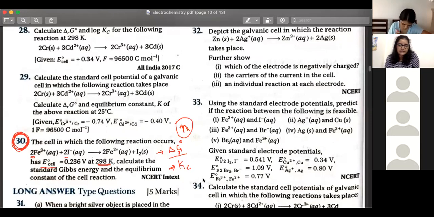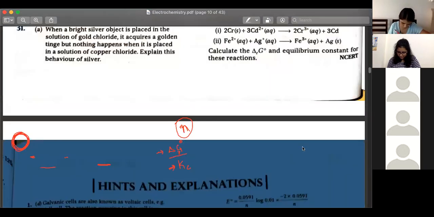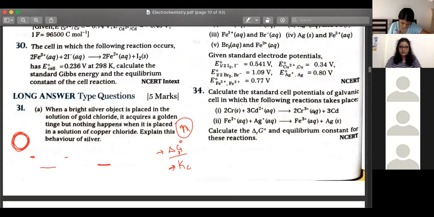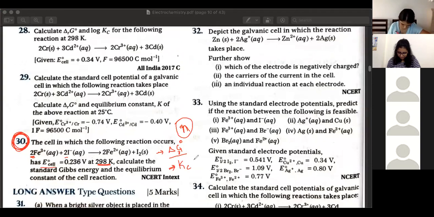But if that's going to take time or is some trouble, send the value of log Kc, that number. Even if you send me the log Kc value, let me know that it's log Kc, and then I can verify your solution.